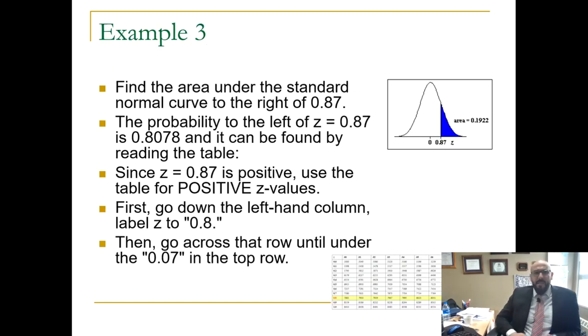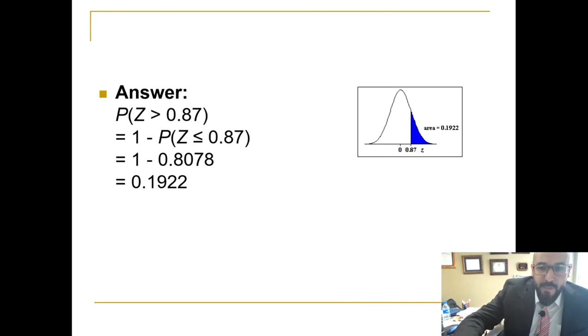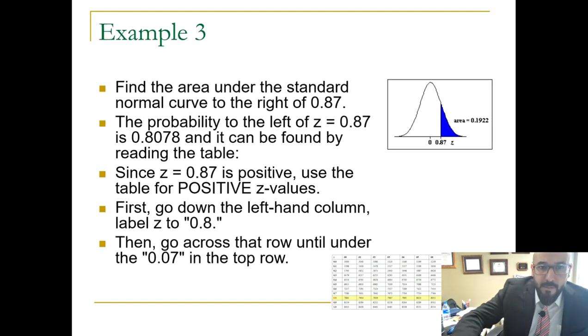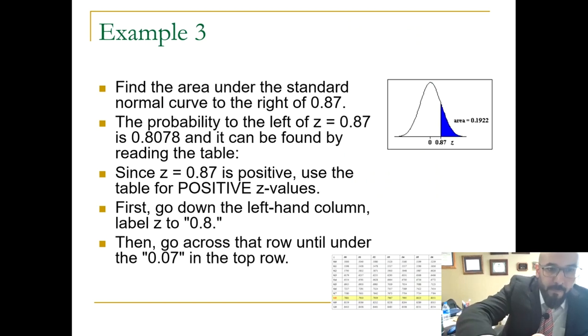Here's an example. Let's find what the area under the standard normal curve to the right of 0.87 would be. All right, so the first thing you need to do, I would prefer you create a normal curve. It can be a rough one; it doesn't have to be accurate.